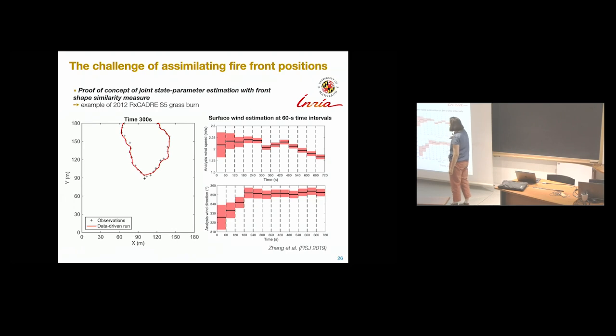So you see some variability of the wind parameters that is retrieved over time. We cannot validate that this estimation is realistic because we didn't have this type of data, but it's something that we will do in the future on an application where we have this type of measurements.